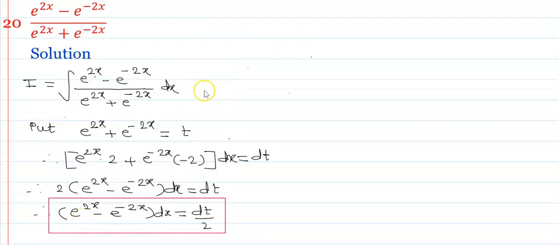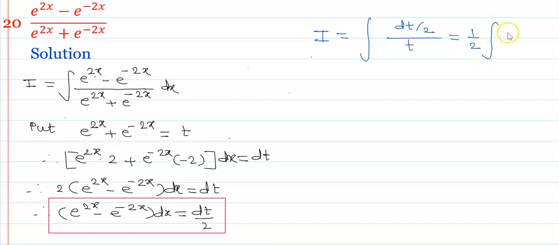Therefore, our integral I is equal to the integral of e raised to 2x minus e raised to minus 2x into dx, which is dt upon 2, upon the denominator t, which is 1 upon 2 integral dt upon t.